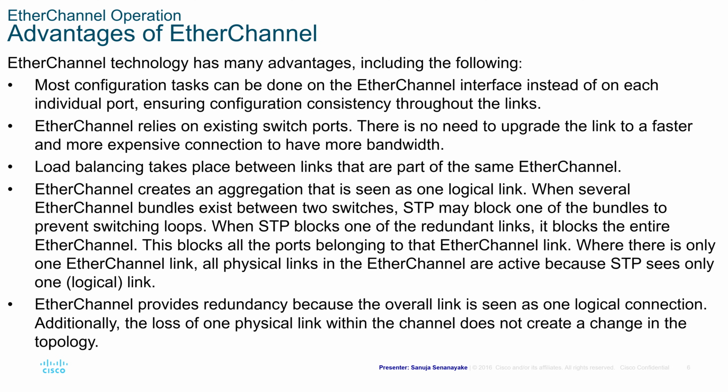It allows load balancing to take place between links that are part of the same EtherChannel. So if you have a bunch of links combined in these EtherChannels, that will allow you to create load balancing within those links. An EtherChannel creates an aggregation that is seen as one logical link. So when several EtherChannel bundles exist between two switches, STP may block one of the bundles to prevent switching looping.